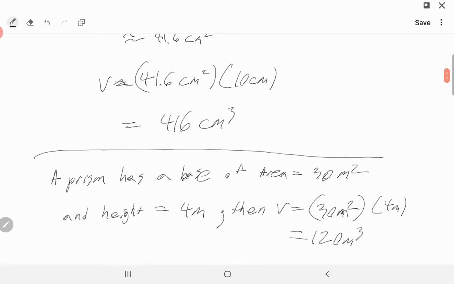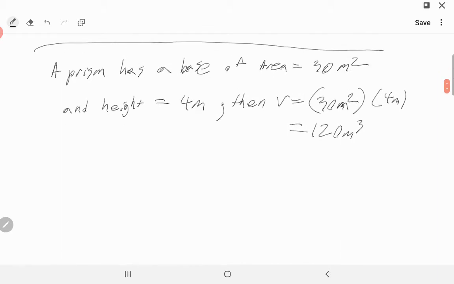Again, we just have to be careful that if we're told that it's a specific type of polygon with a particular side length, we can't just assume that the area is something nice.